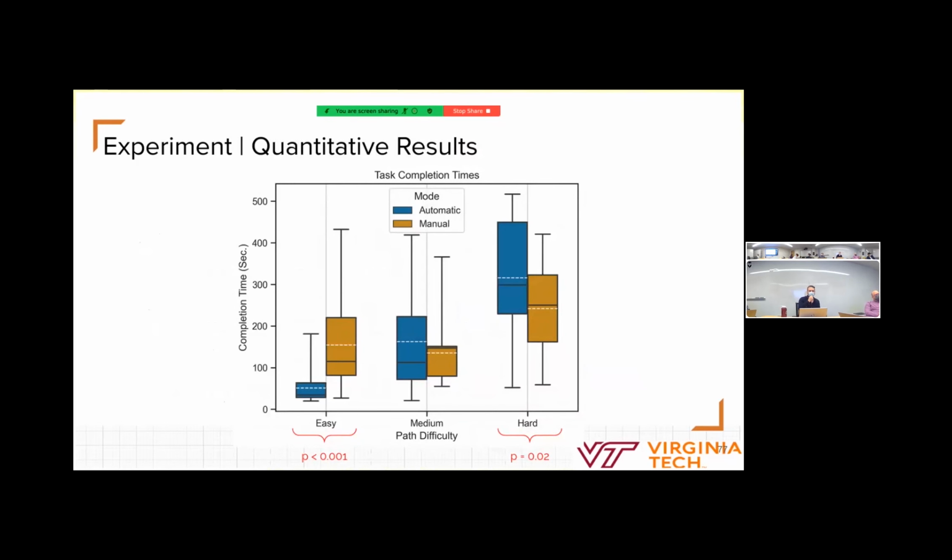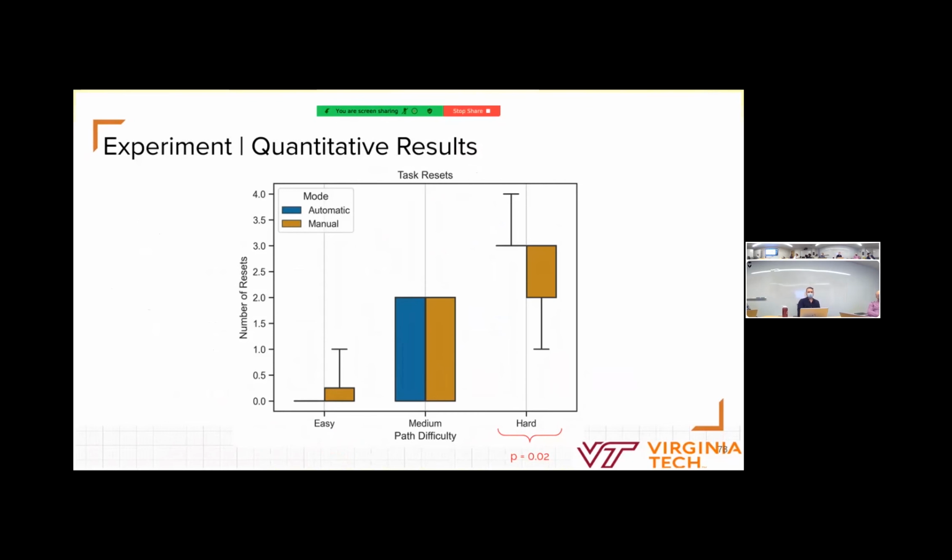For the quantitative results, we found kind of an interesting find. So for the easy one, the automatic mode was a lot faster. But as it got harder, it actually became harder and harder to use. And so that became slower. So we see this kind of inverse in trend. And then for resets, we found that the manual mode could produce fewer resets.